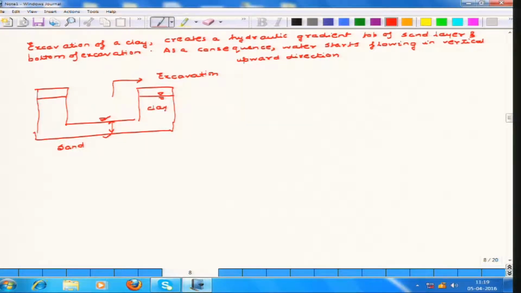And because clay has very low permeability, this flow equilibrium will be reached only after a long time.